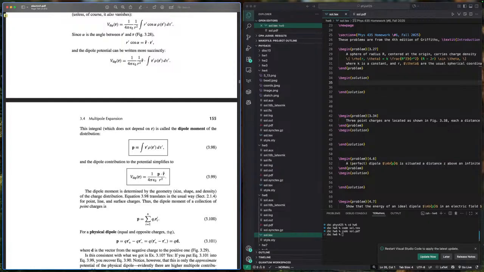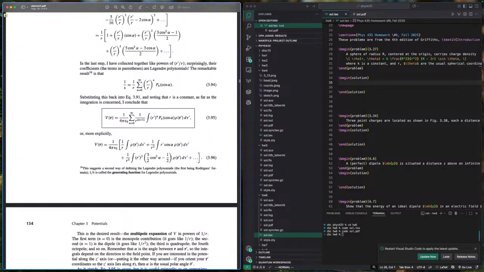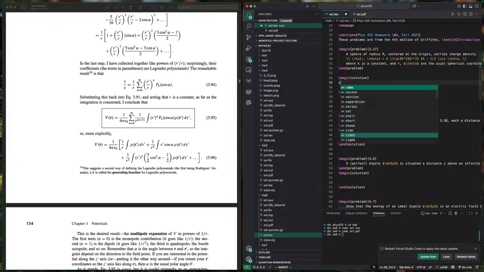Okay, the question is, do we use 398 and 399, or do we use 395? I think we want to use 395. Okay, let's find the charge first.